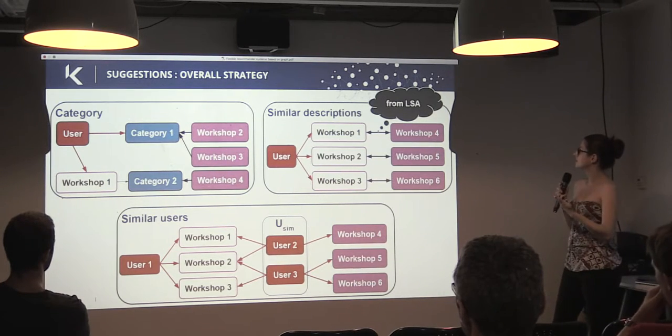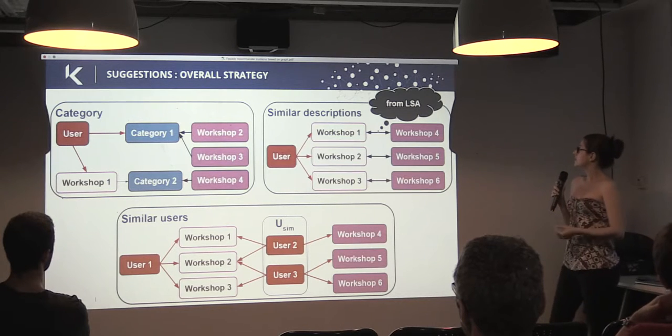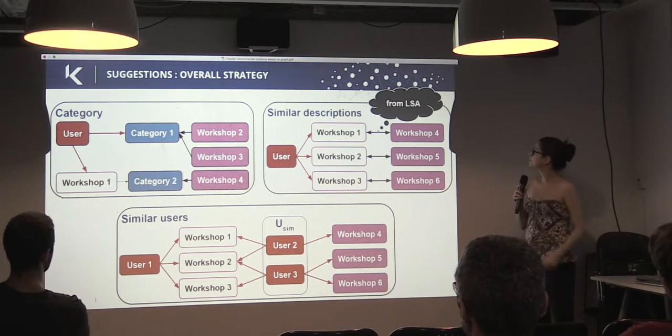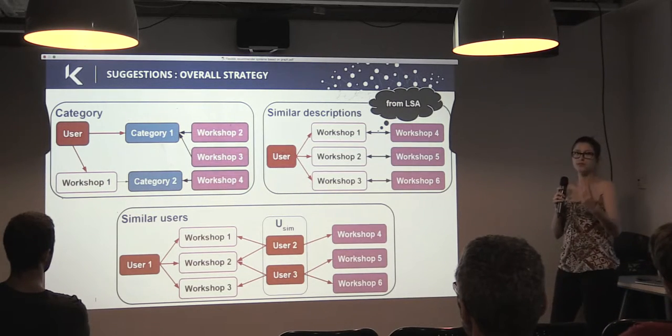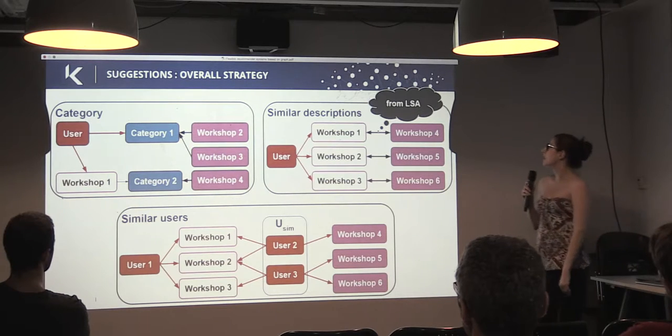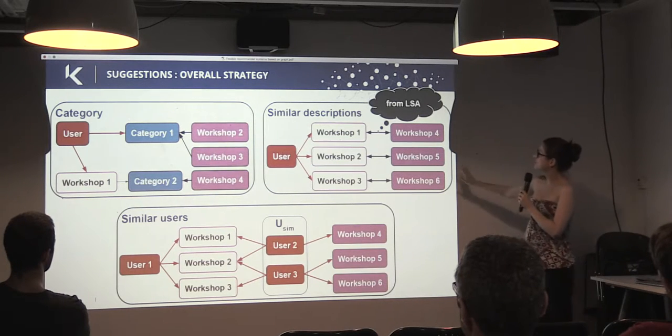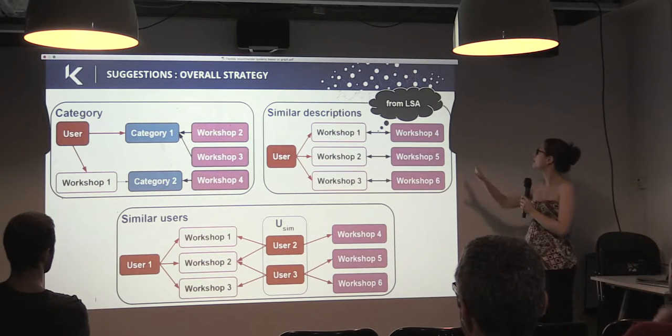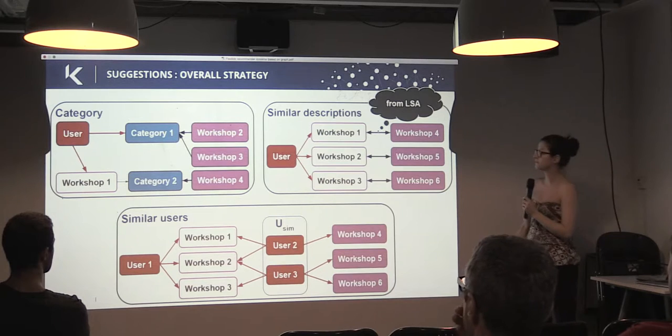This similarity score is then materialized in the graph database by adding a new type of edge between workshops, with the similarity score as a property. And then this strategy only consists in recommending to the user the workshops which are the most similar to the workshops that are linked to the user.